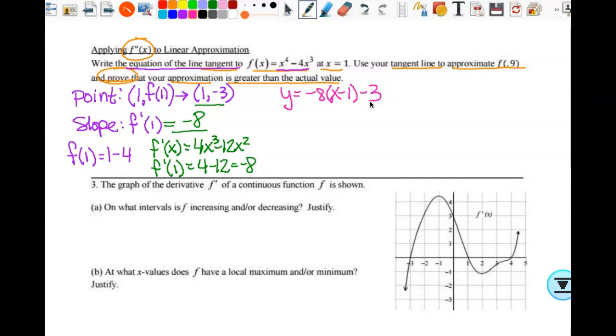That was the first sentence. Then it says use your tangent line approximation of f of 0.9, which means we probably need to find that. So f of 0.9 equals negative 8 times 0.9 minus 1, minus 3. Tell me why I would lose a point right there.